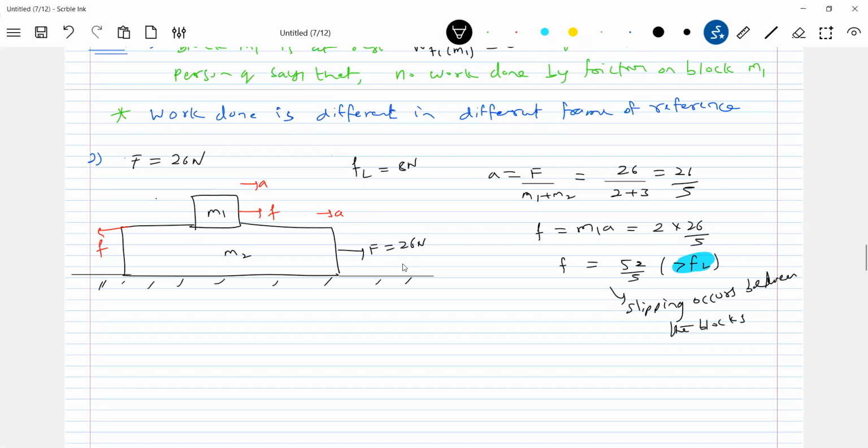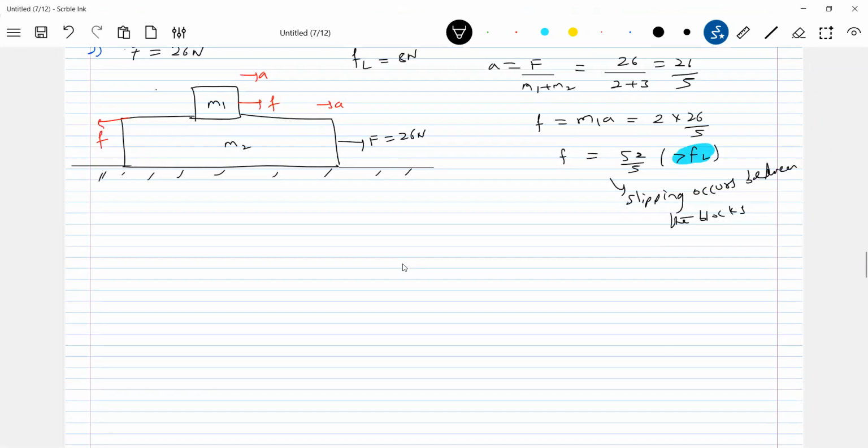Now slipping occurs means they will have different accelerations. They will have different displacements in a given interval of time. So let's calculate the acceleration of them separately. At the same time, we have to discuss the work done in different frames.